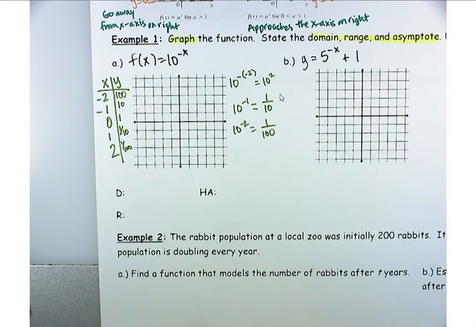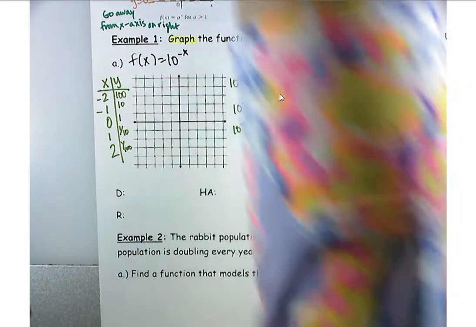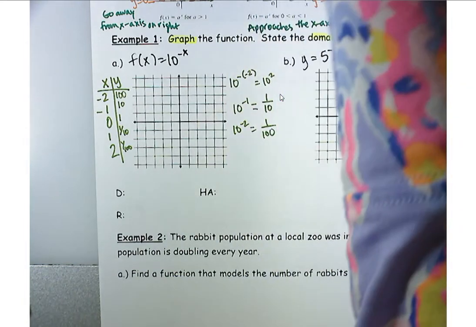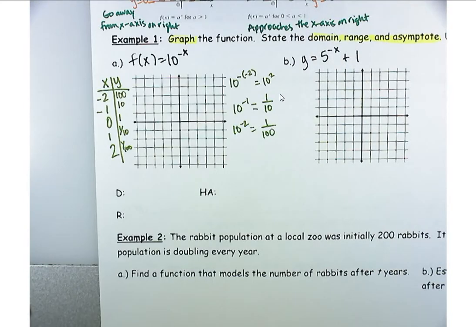Okay, so then I'm going to go ahead and graph this. So I want to at least get my negative 1, 10 point on there.